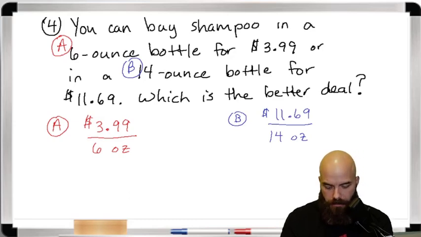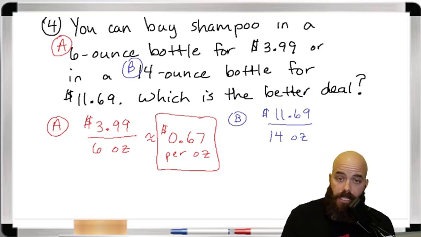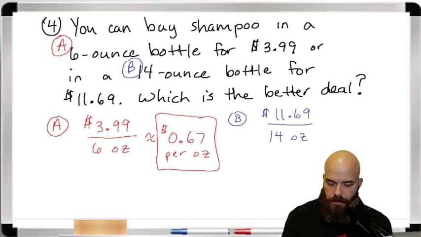We'll round that, since it's money, to the nearest cent. So it's about 67 cents per ounce. All right, and then option B is $11.69 divided by 14, which is about, it says 0.835, so we'd round that to the nearest cent, 84 cents.